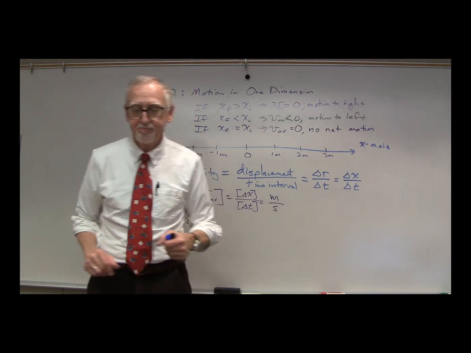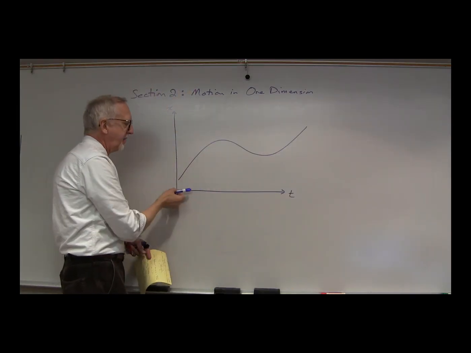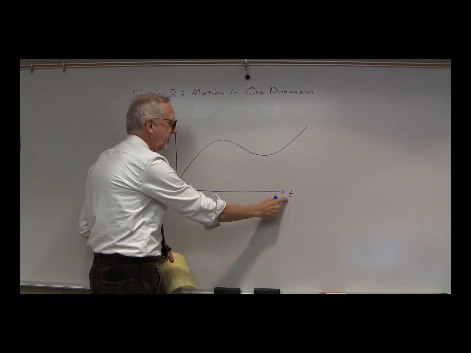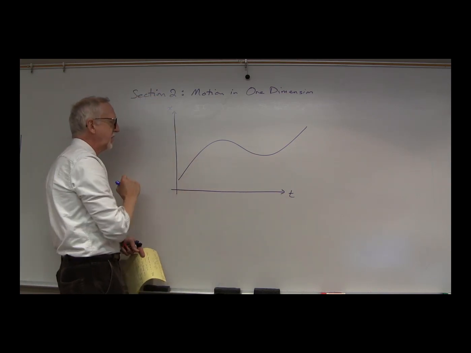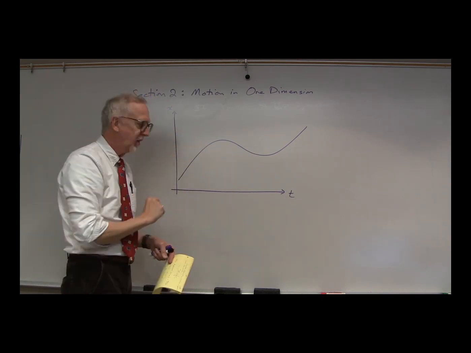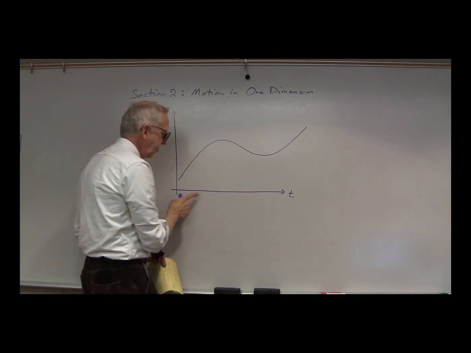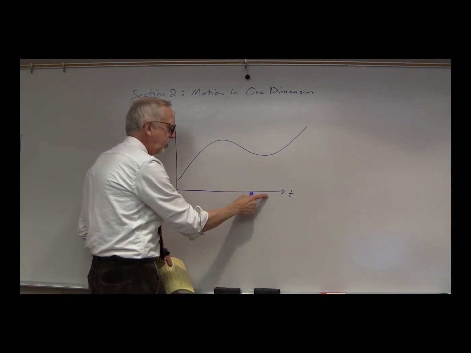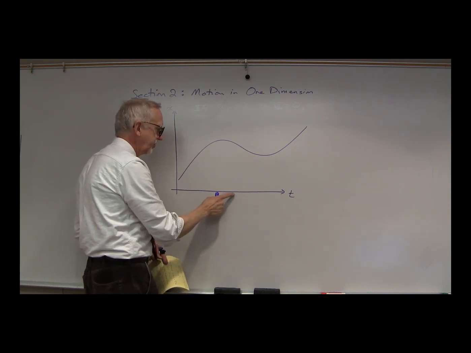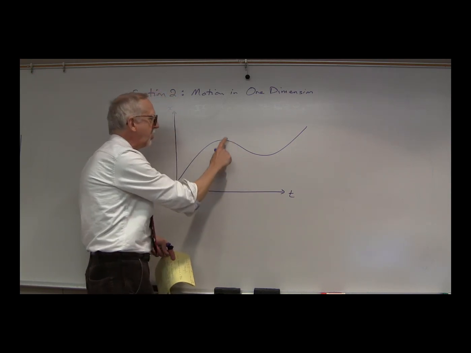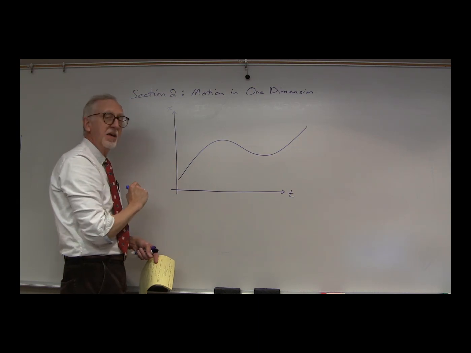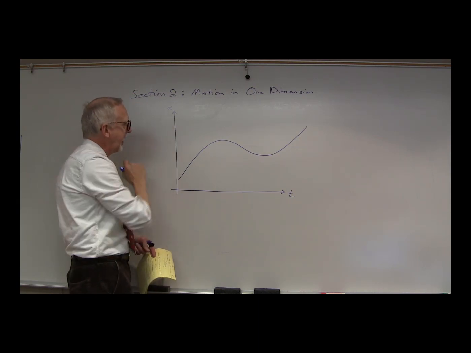Okay, great. Let's imagine we make a graph of the time of the object and the position of the object along that one-dimensional axis. Now, as time goes forward, the object is constantly progressing along this axis, 1 second, 2 seconds, 3 seconds, 4 seconds. And this is showing us what the motion looks like in x. What are the x values?